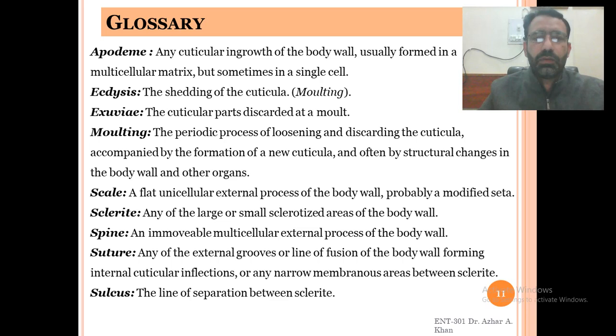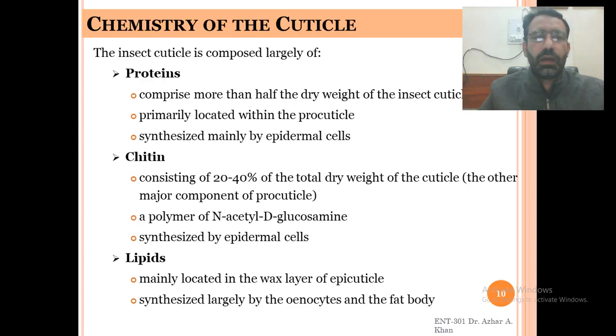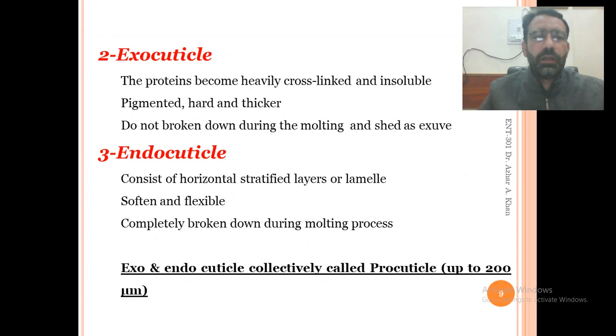Then ecdysis. Ecdysis is actually shedding of the cuticle, and it is also known as molting. And actually, this is a process. Exuviae is a cuticular part that is discarded during the molting process.